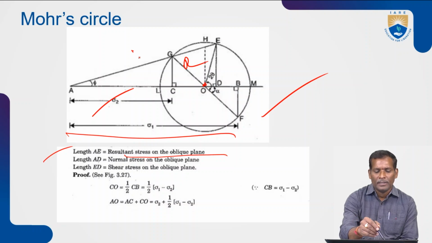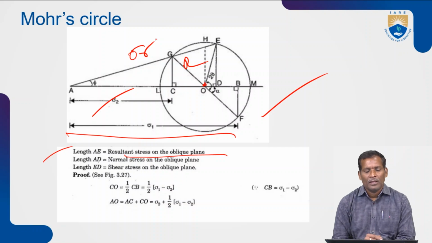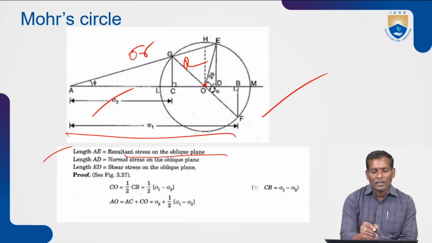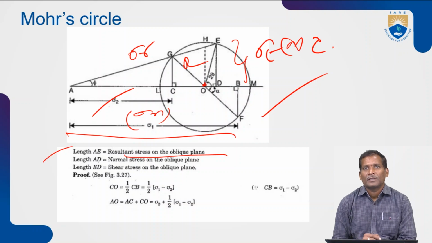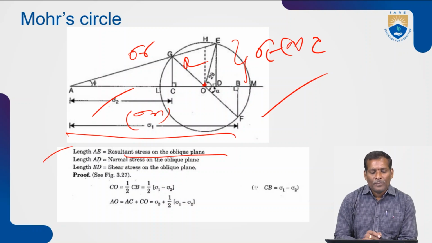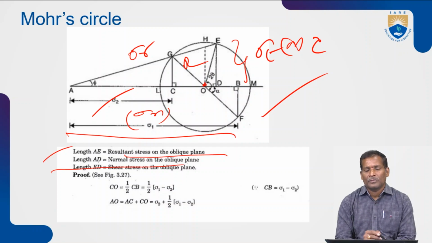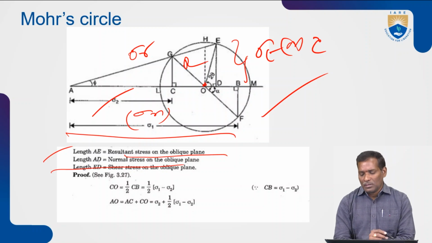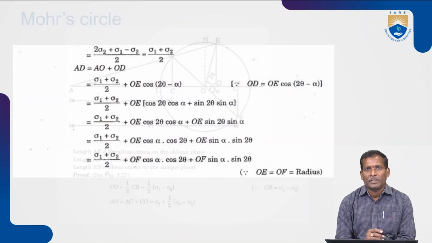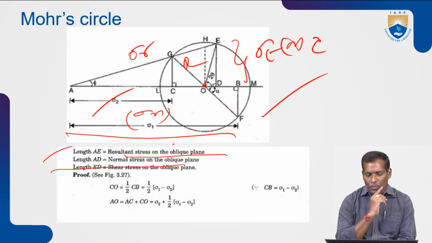AE is the resultant stress, AD is the normal stress sigma n, and ED is the shear stress on the oblique plane. Clear? So the proof is shown in this diagram, and we will discuss how it is constructed.